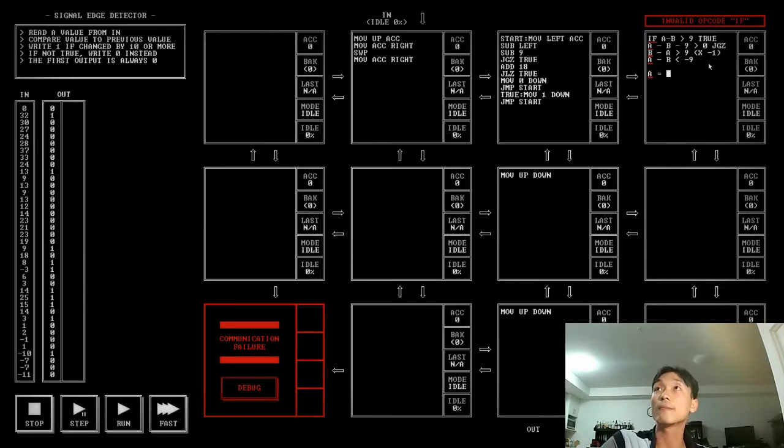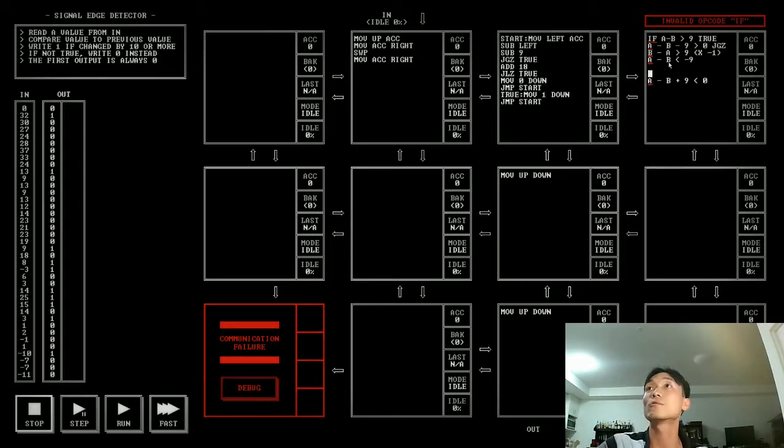So that means A minus B plus 9 needs to be less than 0. Does that sort of make sense? There's a little year 9 or 10 maths lesson for you.